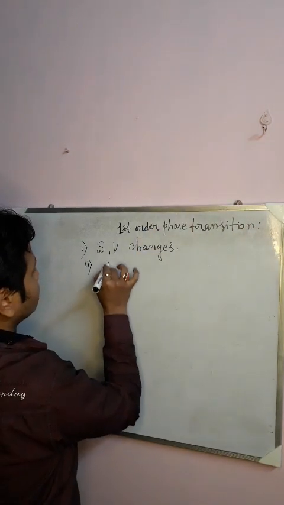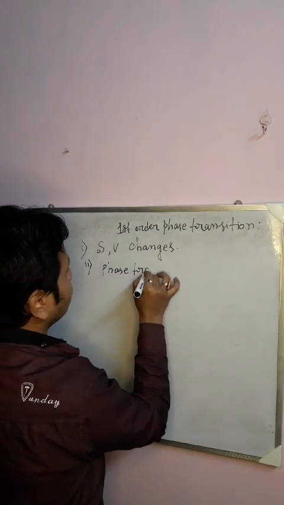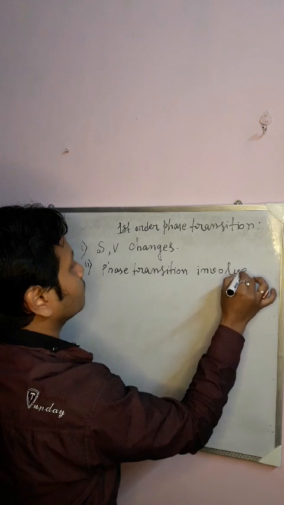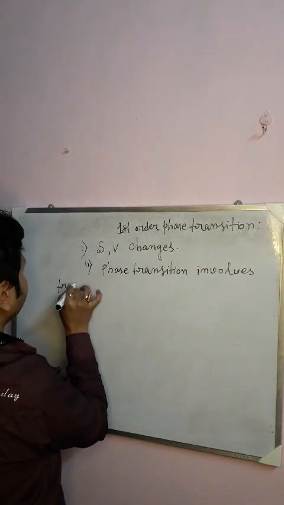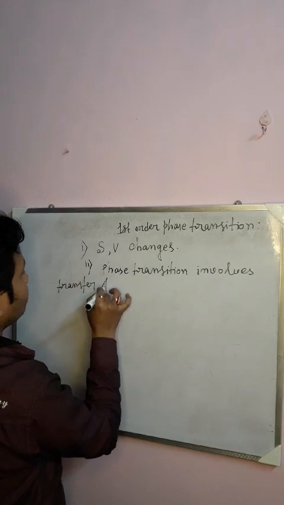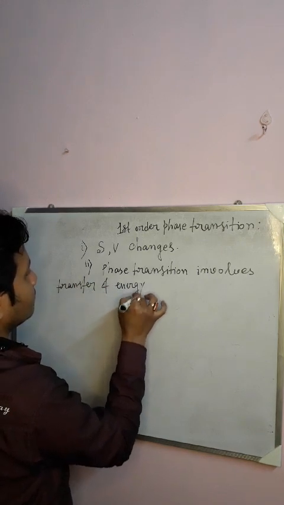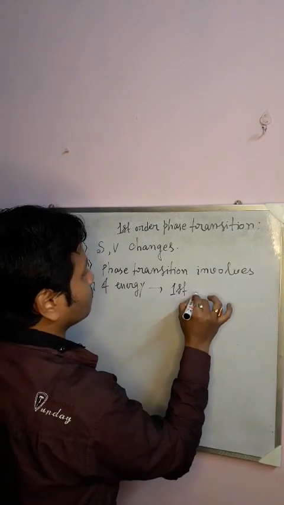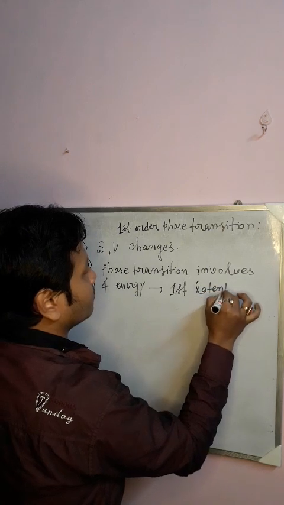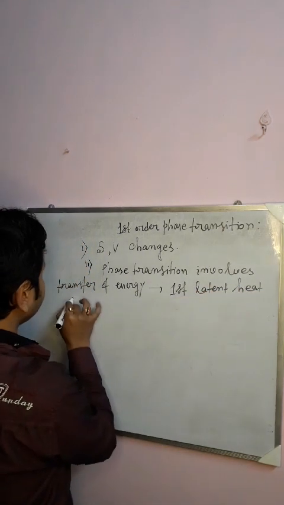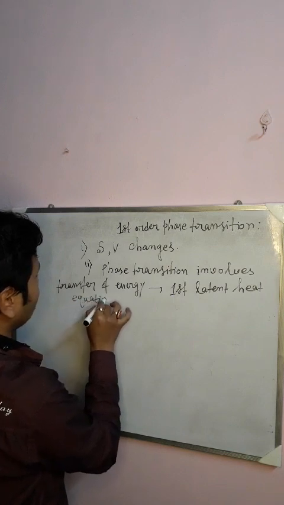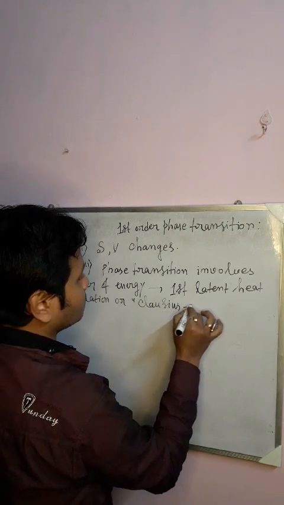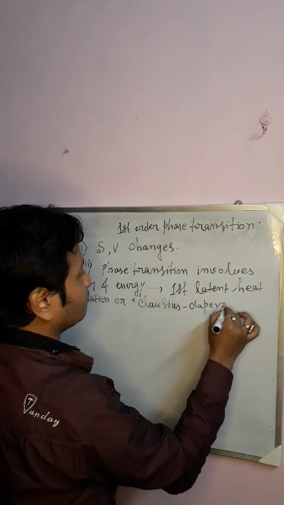So since the phase transition involves transfer of energy, which is governed by the first latent heat equation, first order phase transition is governed by the first latent heat equation, or you can say Clausius-Clapeyron equation.